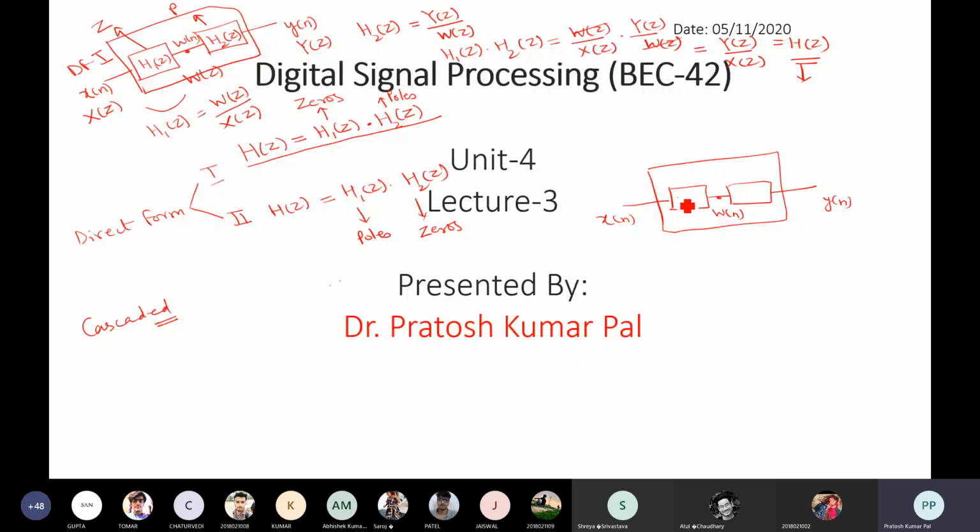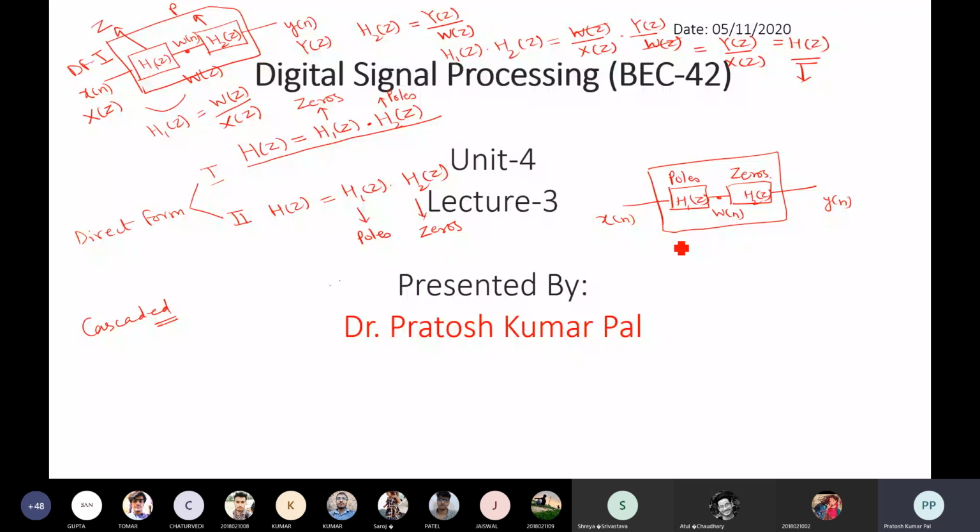This will be the representation. This will represent your poles, and this will represent your zeros. So this is how the same process we can follow.